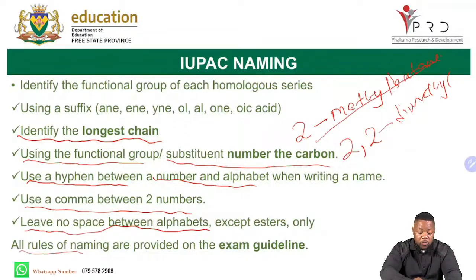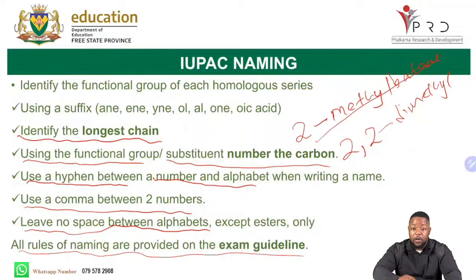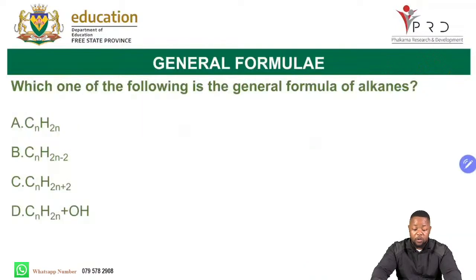All rules of naming are provided in your examination guideline 2021. The examination guideline that we are using is the examination guideline 2021. We are going to name all these organic molecules practically as we proceed with our lesson.